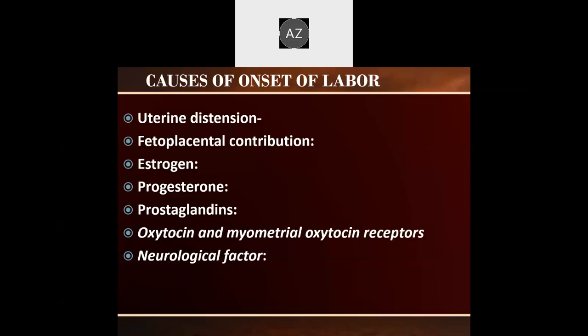And then we have the contribution from estrogen, contribution from progesterone. Prostaglandins play a major role in this. We're going to see the factors contributed from oxytocin, myometrial oxytocin receptors, and then we're going to see neurological factors.